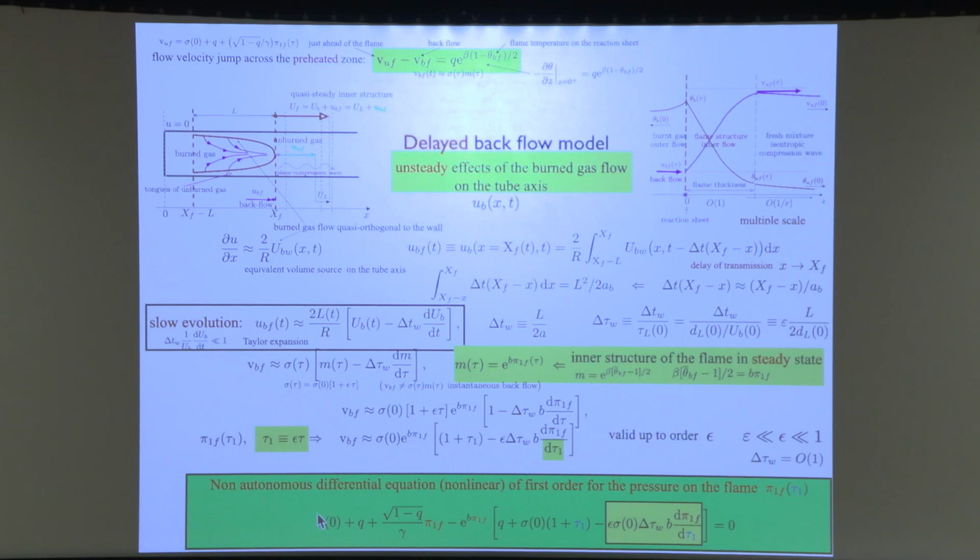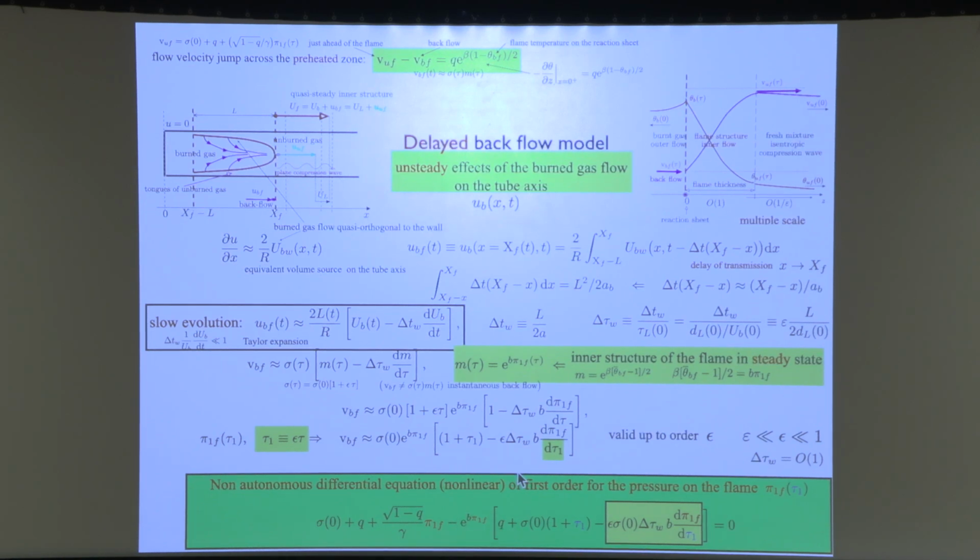So this equation that I have obtained, assuming that the burned gas is in steady state and that the inner structure of the flame is in a steady state, but taking into account the unsteady effect in the fresh mixture, is this transcendental equation that presents the turning point.